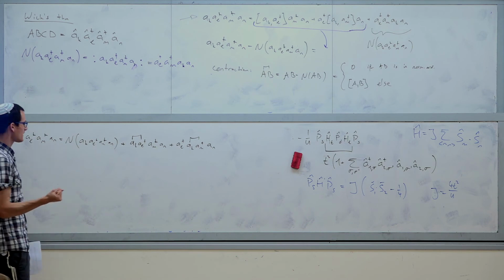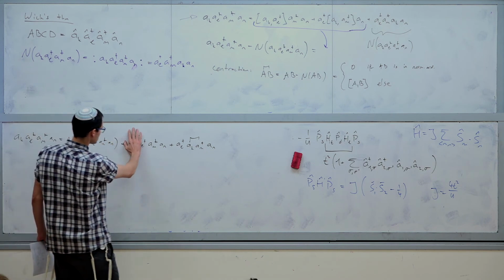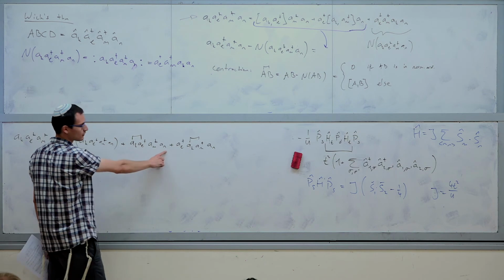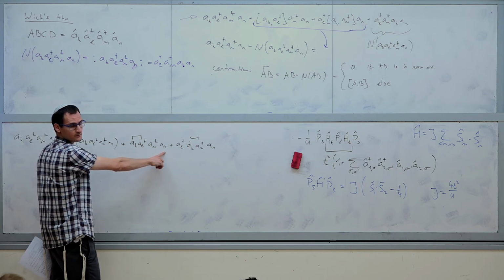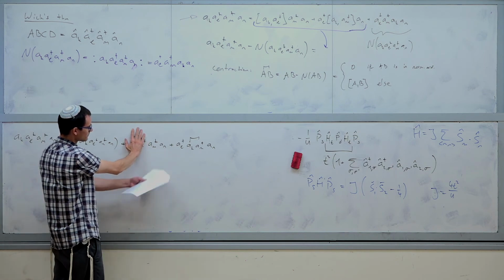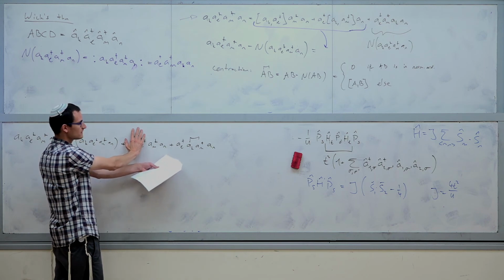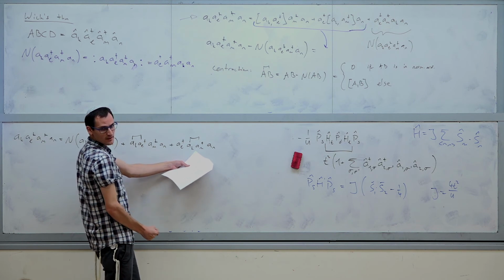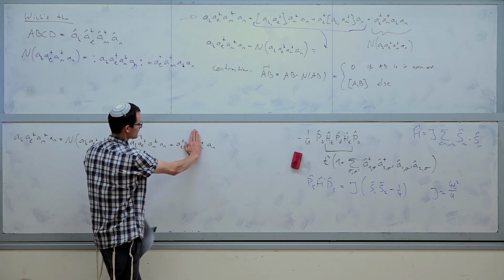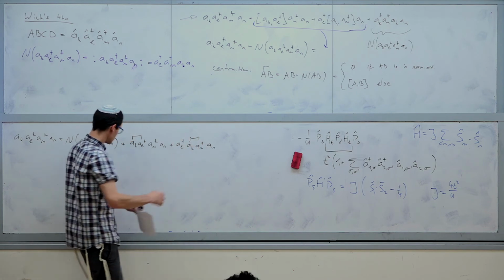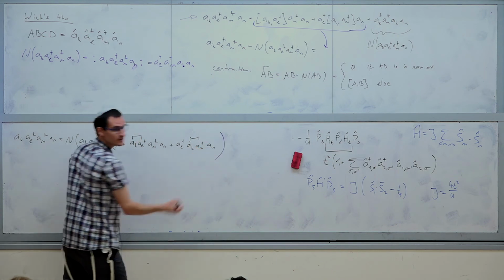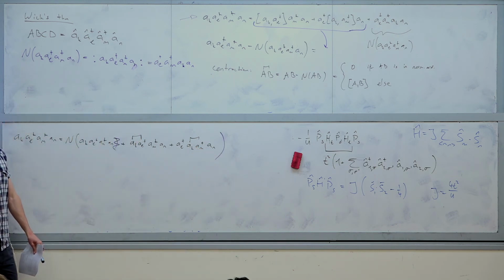That means this is not an operator, it's just a number. So actually, this term is also in normal order, because this is just a number, and now daggers are on the left, no daggers on the right. Same thing here. The contraction is just the commutator, which is just a number, and you're left with something that's already in normal order. So I can take this normal order notation and move it over here. That's the same thing, because it already is in normal order.